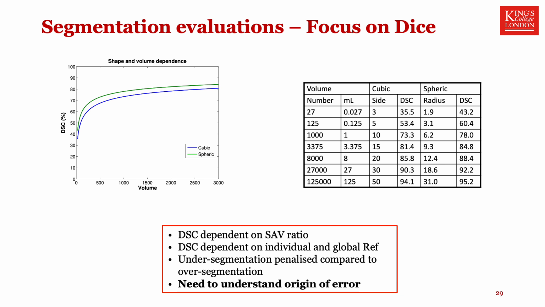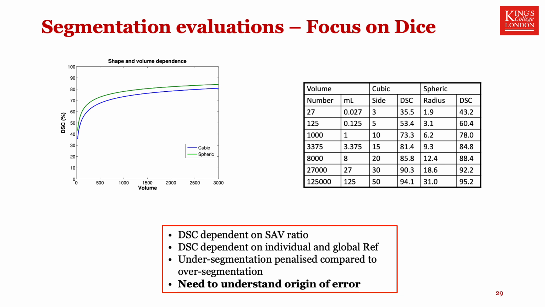Here it's looking at cubic versus spheric shapes. So you can think of that and then think that, okay, each time I'm looking at lesions, for instance, that can have a massive variation in terms of their sizes, actually having a dice of 0.2 or 0.3 for very, very small volumes is actually pretty good. So you again have to remember what it means and what you may expect and how those things evolve.